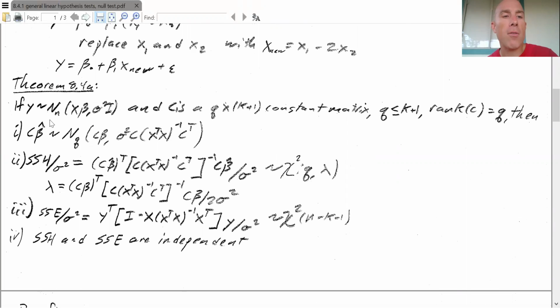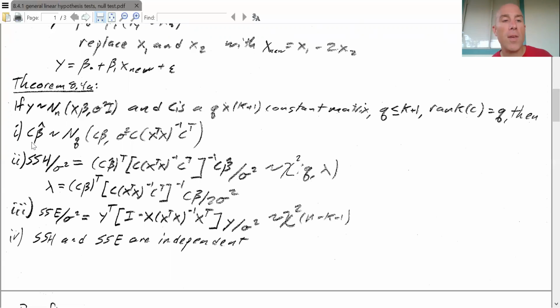Let's say that y is multivariate normal, and the mean is x beta, and the covariance matrix is I times a scalar. Then C is a Q times K plus 1 constant matrix, and we've got full rank, and we have fewer rows than columns.